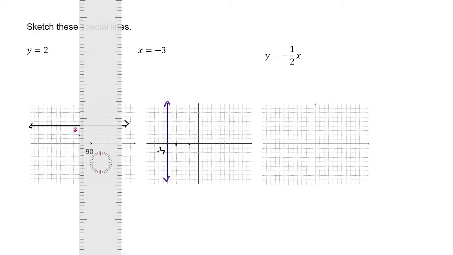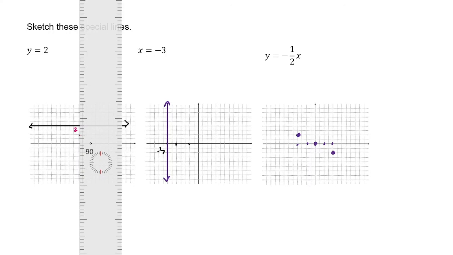And then the last one is minus a half x. So it's actually going to go through the origin because there's no y-intercept. All right, so it's negative. For every 2 units backwards, it's going to go up 1, or for every 2 units forward, it's going to go down 1. So if I go 1, 2, I need to go down to here. If I go back the other way, 1, 2, I need to go up to there.